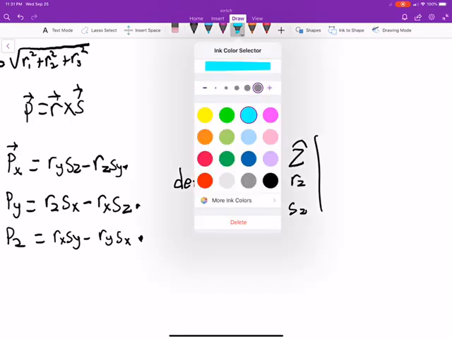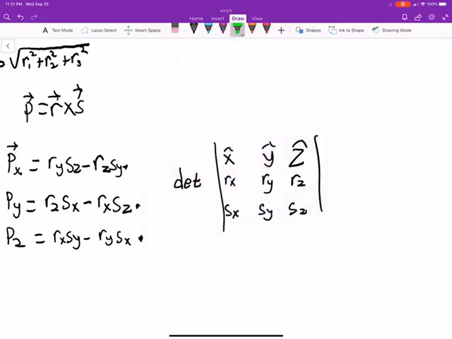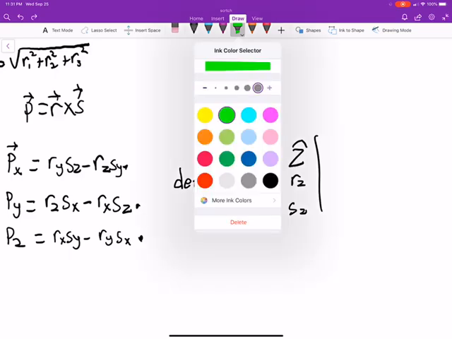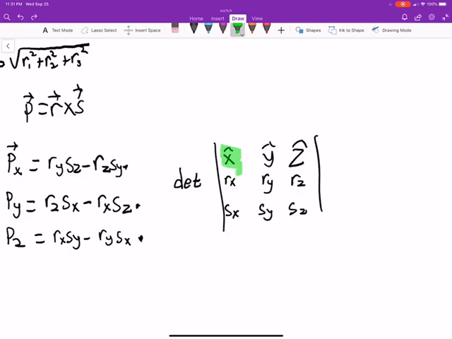The way I usually do it is, if I'm interested in the x component, I cover this, and then you can just do Cramer's rule, where it's this times this minus this times this.